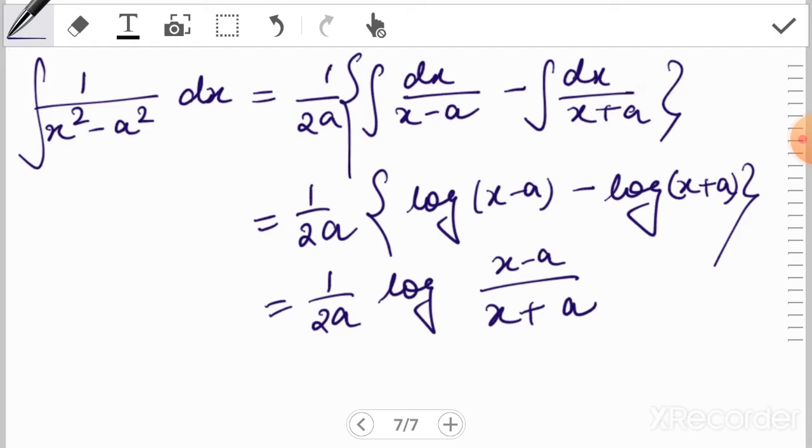So this is how we proceed using integration by partial fraction.